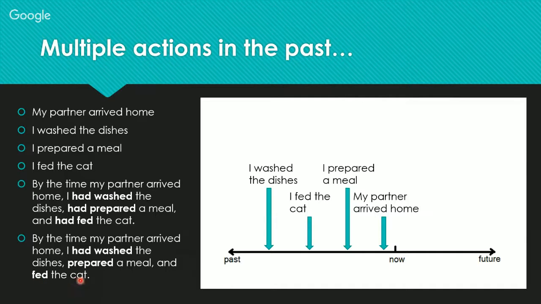But because it is a list of actions that happened in the past, we don't actually need to keep repeating had, in the same way as we don't need to repeat the subject I. And this really makes for a nice fluent English sentence. Although this isn't wrong here, this is definitely better. Okay, right.